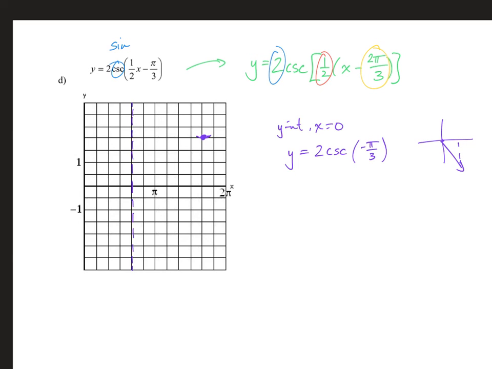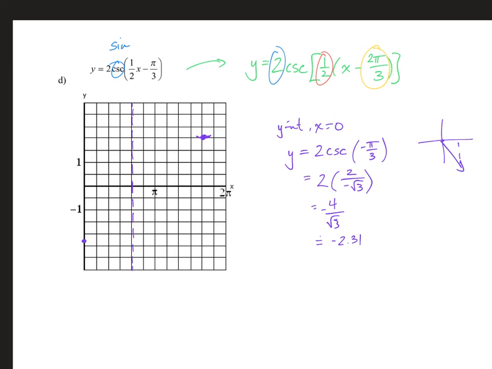We're pretty solid with it. We know that cosecant would be hypotenuse over opposite. And so then if I went to calculate that, I need to calculate a negative 4 divided by root 3, and that's going to get me about negative 2.31. So I know then my y-intercept would have to be somewhere close to there.